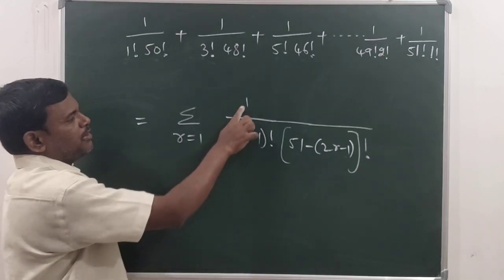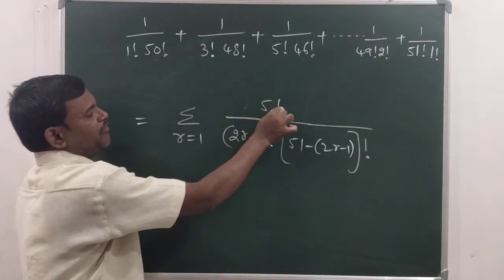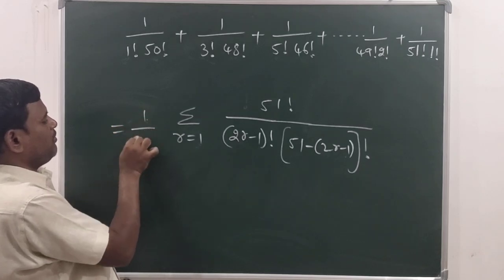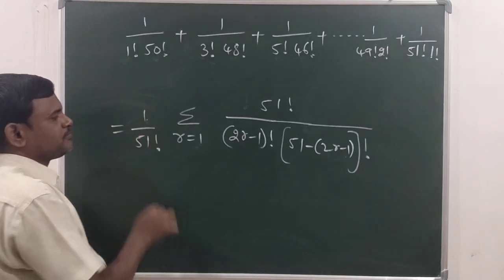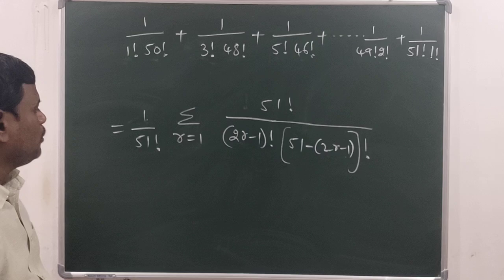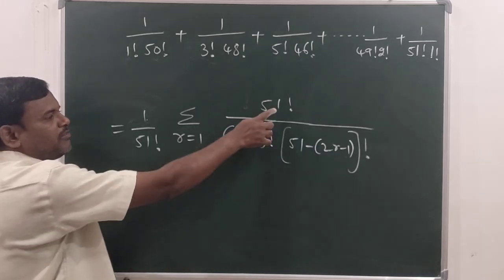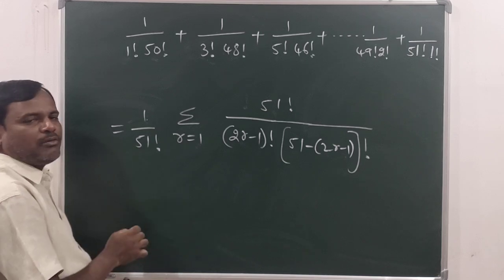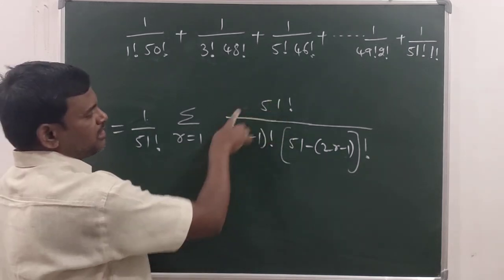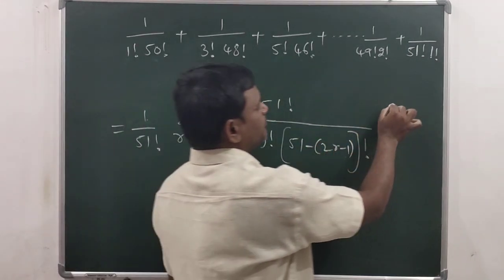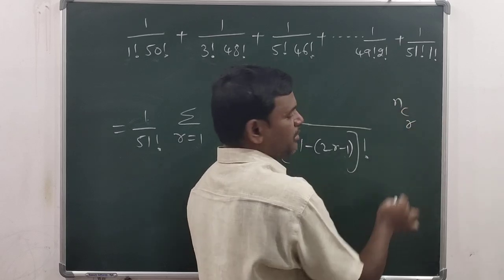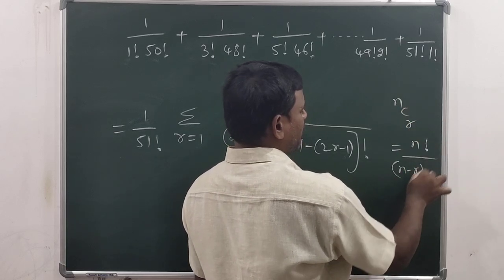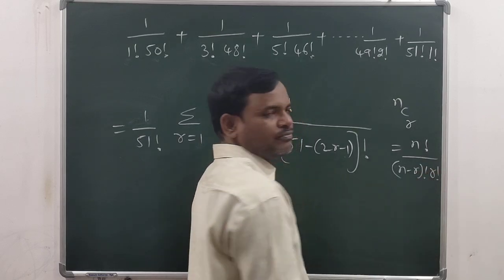So in the next step, I am going to write here 51 factorial and 1 by 51 factorial outside. You may ask me, sir, why you have written 51 factorial in the numerator and 51 factorial in the denominator? Because in the next step it can be written as nCr. You know nCr is equal to n factorial by (n minus r) factorial into r factorial.